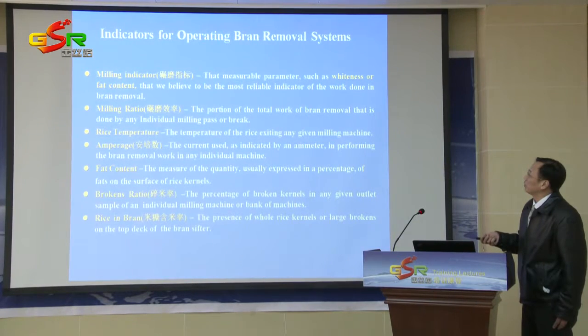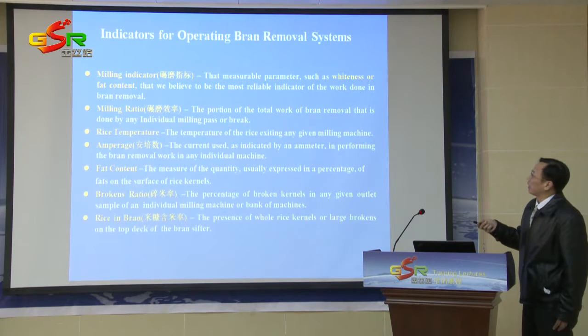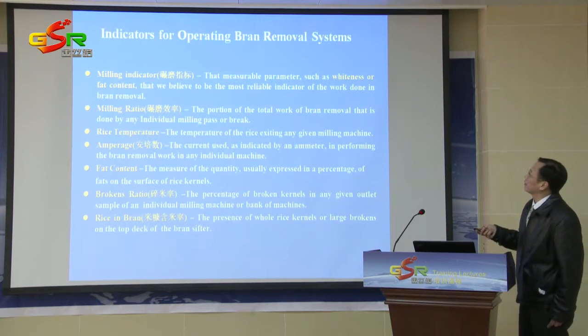And we can use some indirect indicators to evaluate the operation of the bran removal system.